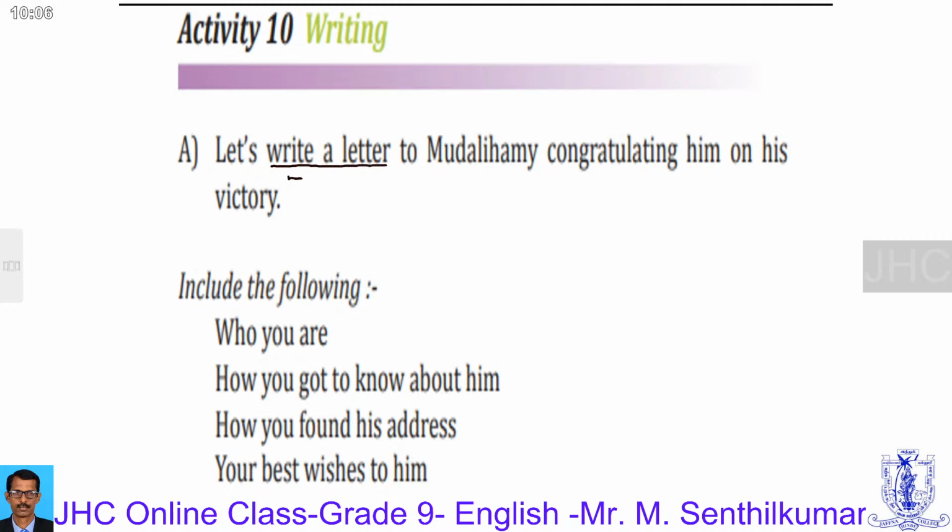Now, see it. Let's. What do you mean by let's? It's a contracted form. What's the full meaning? Let us. If I say let us, I also come with you to write a letter.